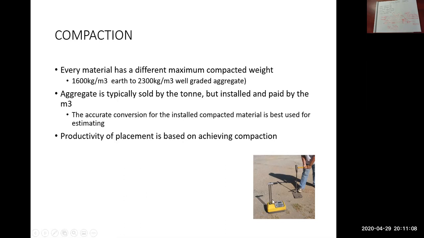The reason it's called a nuclear densometer is it has radioactive material in it. It calculates the density of the material that it's in by the time that it takes for a signal to go from one spot to the next. So that is a machine that measures density.